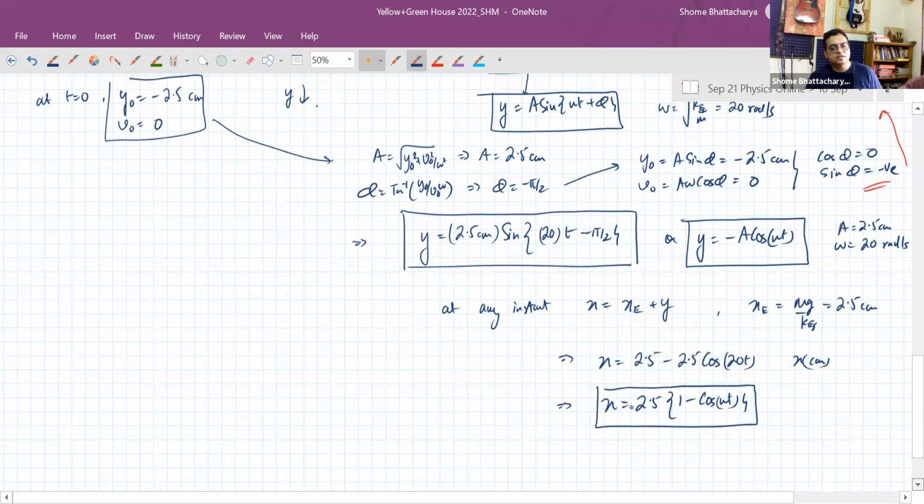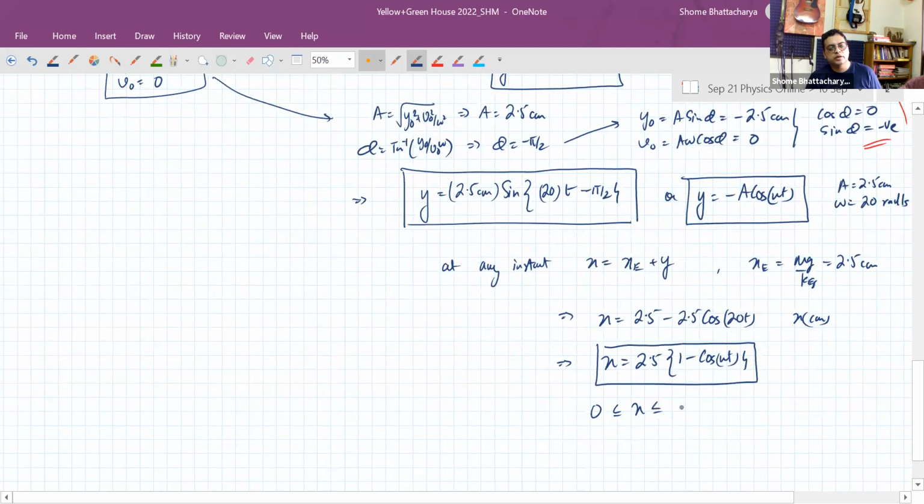From this you can see that x ranges between 0 and 5 centimeters. It is 0 at t equal to 0, capital T, and so on, when omega t becomes 2n pi, and it is at maximum at t equal to T by 2, 3T by 2, 5T by 2, or in general (2n plus 1) T by 2, when omega t becomes (2n plus 1) pi.